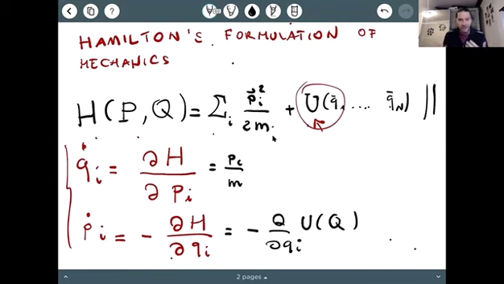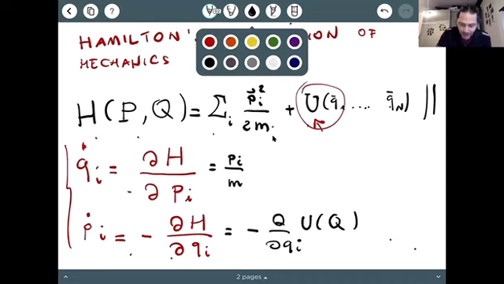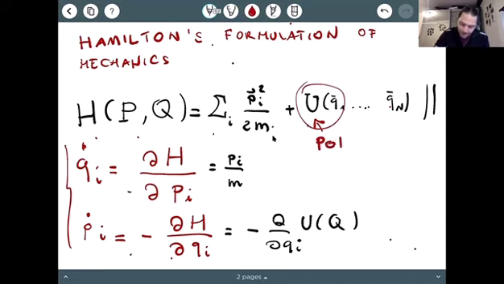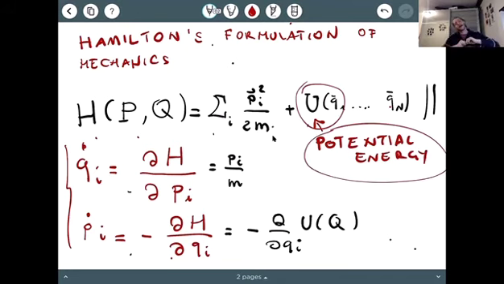So if I take the derivative as written in equations 1 and 2, all I get in the first half is the momenta of the particle, meaning simply that the q dots are the velocities. And in the second half, I get the spatial derivative of this function U. Now, for this to be a Newton's equation, then clearly U must be the potential energy. Now things start to make sense.